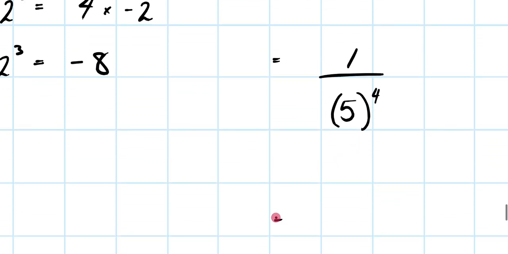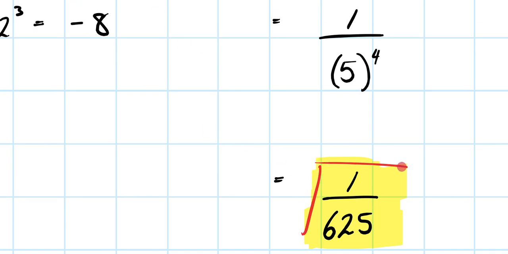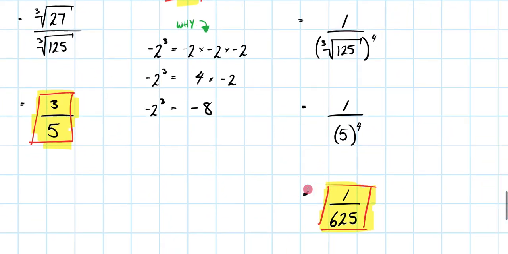And last but not least, 5 to the power of 4 is 625, so the answer is 1 over 625.